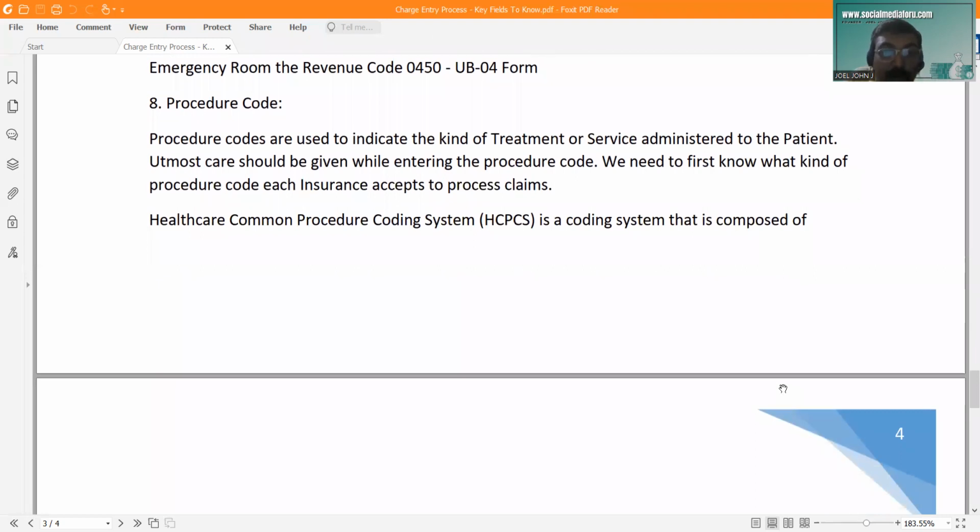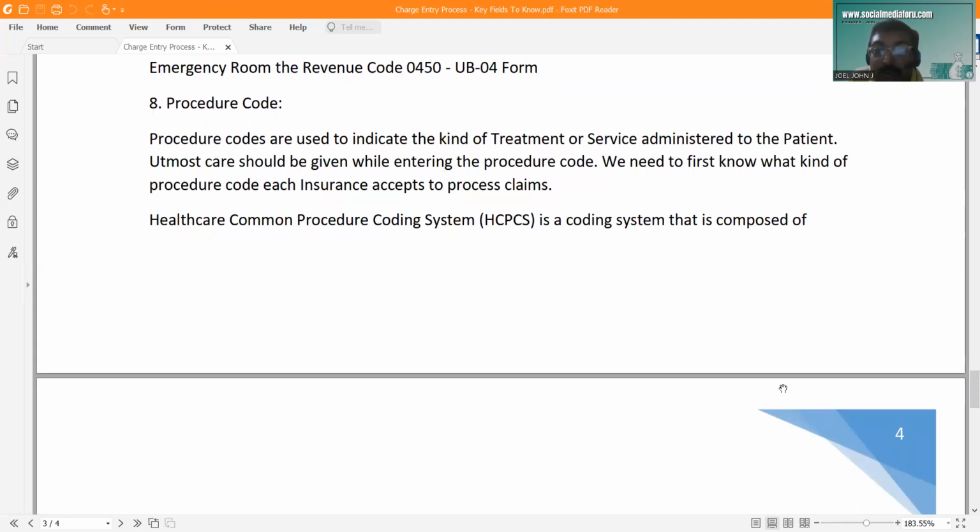Procedure codes. Procedure codes are used to indicate the kind of treatment or services administered to the patient. Utmost care should be taken while entering the procedure codes. We need to first know what kind of procedure code each insurance accepts to process the claim. There are also a few different types of procedure codes based on the insurance plan type.